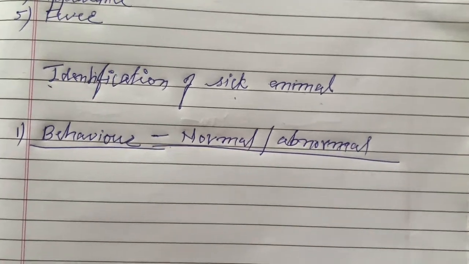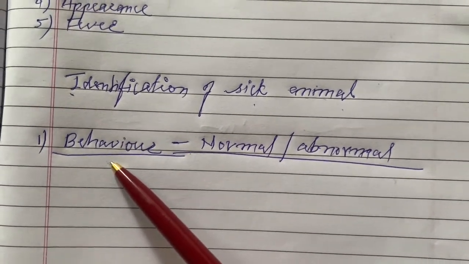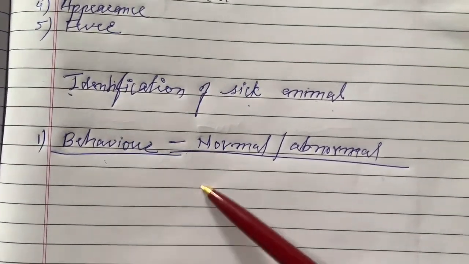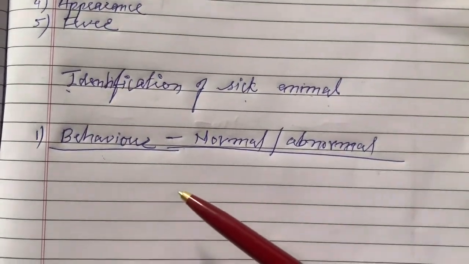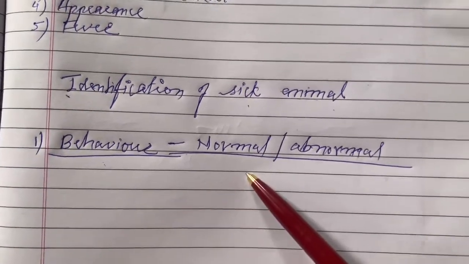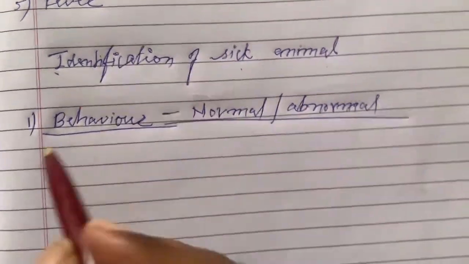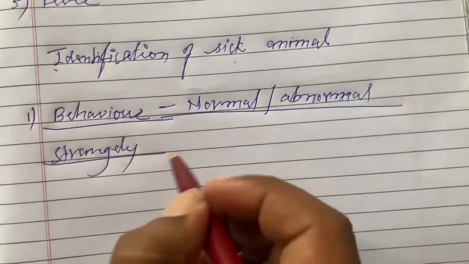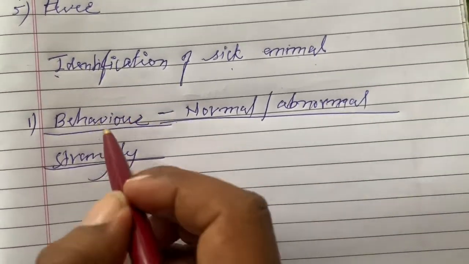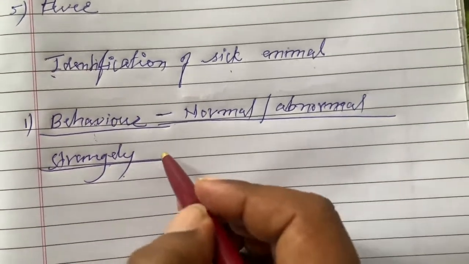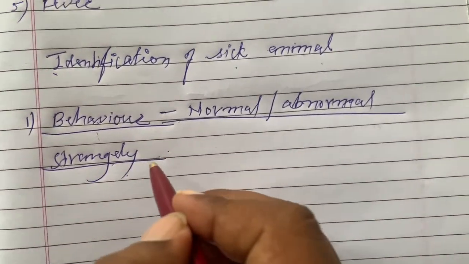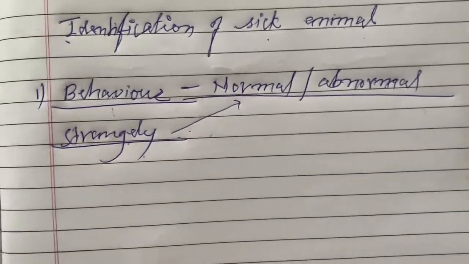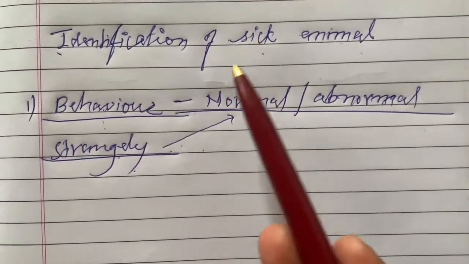Does the animal react normally to its environment and in the herd, or is it acting strangely? If it is acting strangely, then we may say that the behavior of animal has been changed. Or if it is acting normally in this environment, then we may say that the animal is normal.